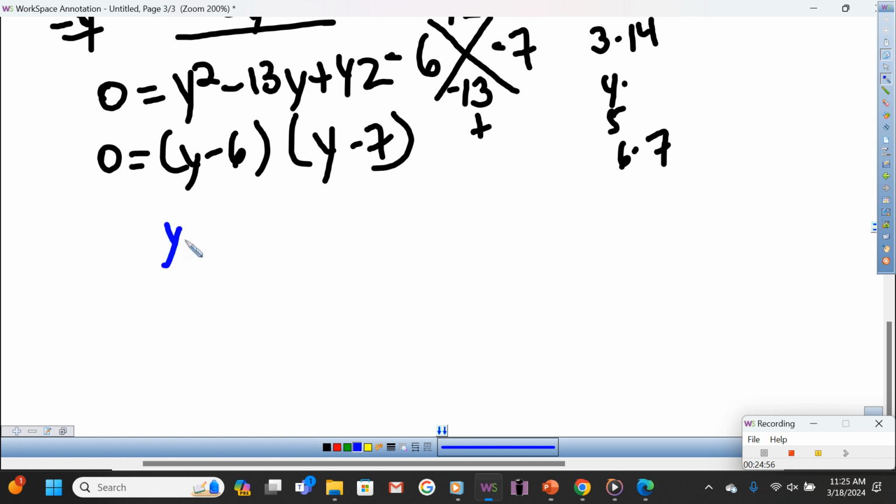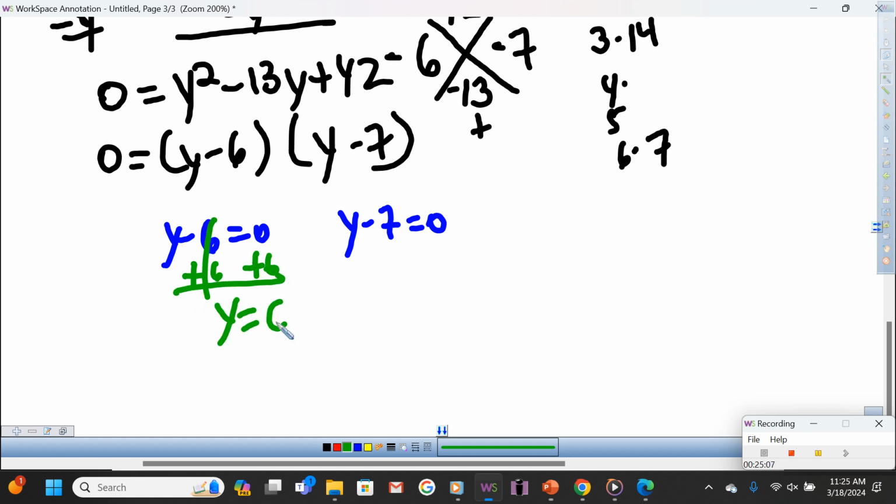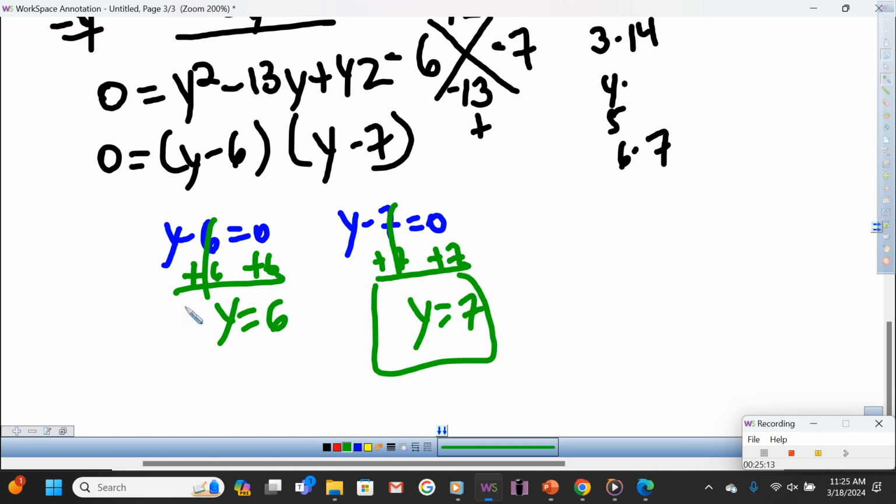Yeah, set them equal to 0. Y minus 6 equal to 0. Y minus 7 equal to 0. And then we solve. Let's see. Plus 6 plus 6. Y equals 6. Plus 7 plus 7. Y equals 7. So, we're done solving the quadratic equation.